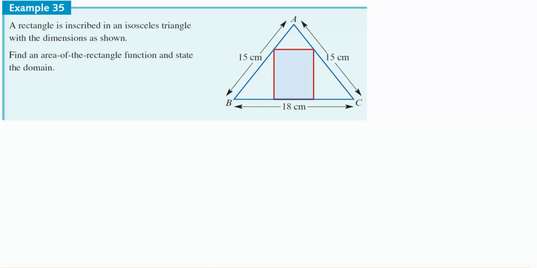Meaning that you won't get an area answer because they haven't given you any other information. You'll get a function, meaning like area will equal x squared. So if you know what x is, you know what the area is, but that's a function. So once you know area equals x squared, then you know the domain.